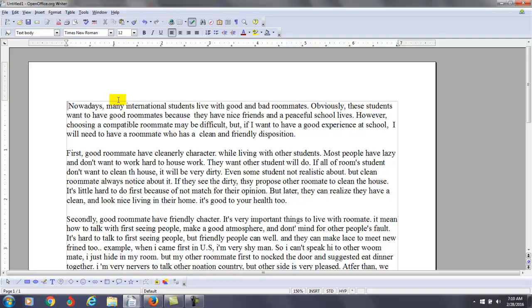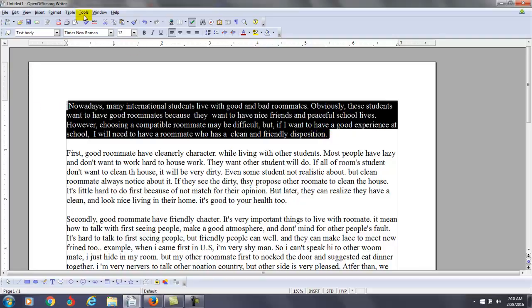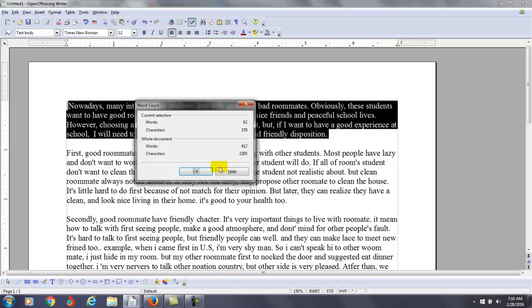Obviously these students want to have good roommates because they want to have nice friends and peaceful school lives. However, choosing a compatible roommate may be difficult, but if I want to have a good experience at school, I will need to have a roommate who has a clean and friendly disposition. But still, I think that we are only right now about 62 words, right?